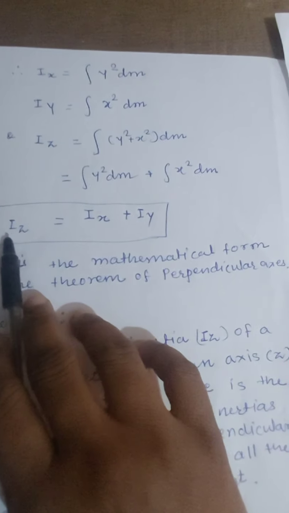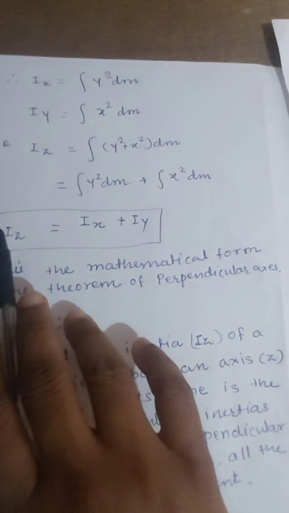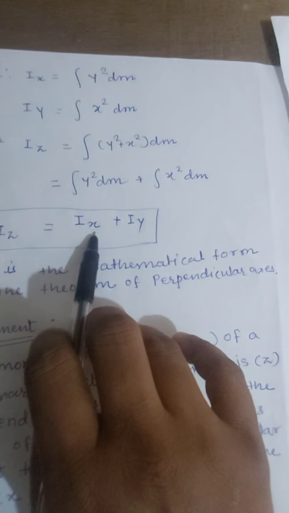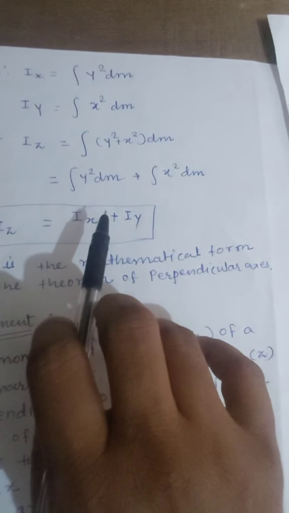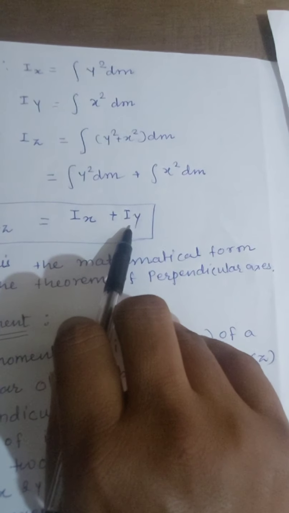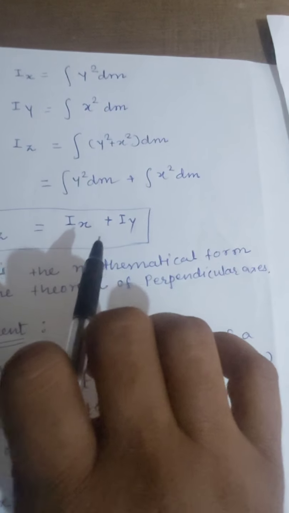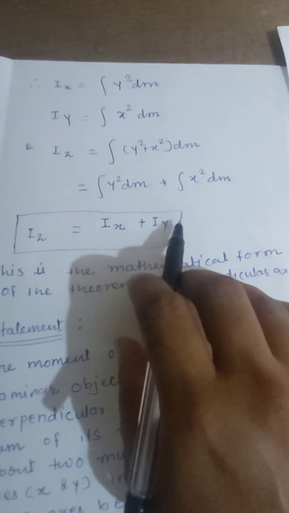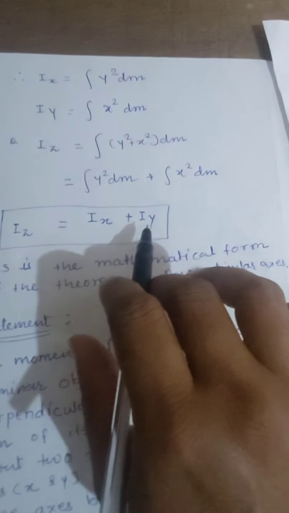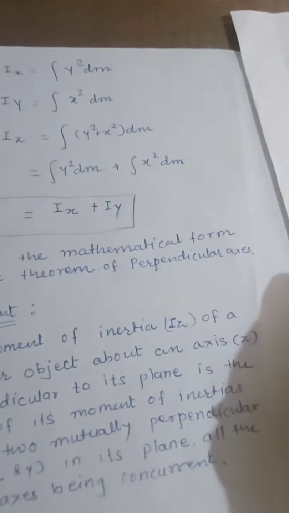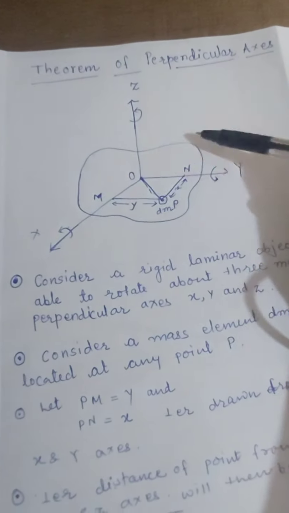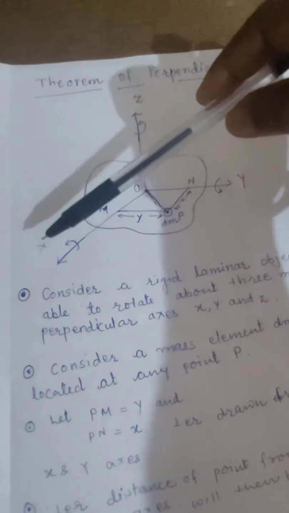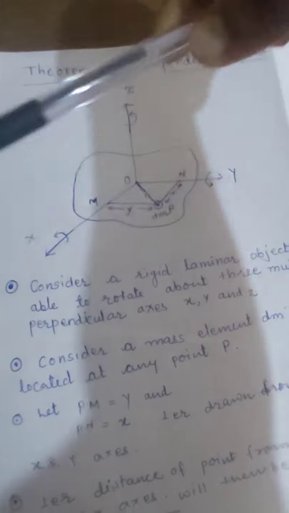So what did we get now? The moment of inertia about the z axis is equal to the moment of inertia about the x axis plus the moment of inertia about the y axis. This is your mathematical expression of the theorem of perpendicular axis. If we take the moment of inertia about the x axis, the object is rotating like this about this axis.